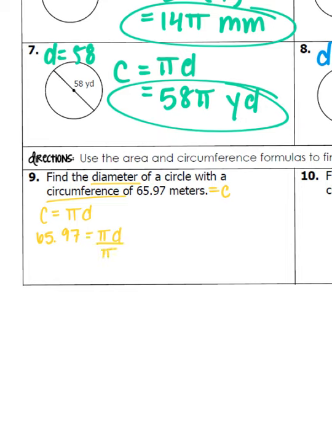We're going to divide both sides by pi, and we get D equals, and now I want you to actually do the 65.97 divided by pi. It's not nice to have a denominator of pi, but if we have pi in the numerator, it's okay to leave it that way.